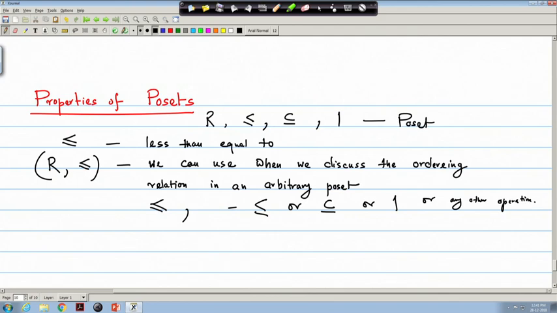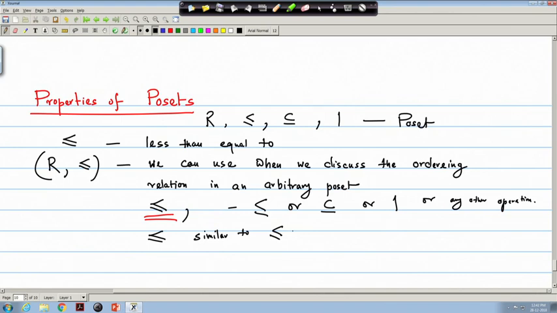Why have we used a notation similar to less than or equal to?